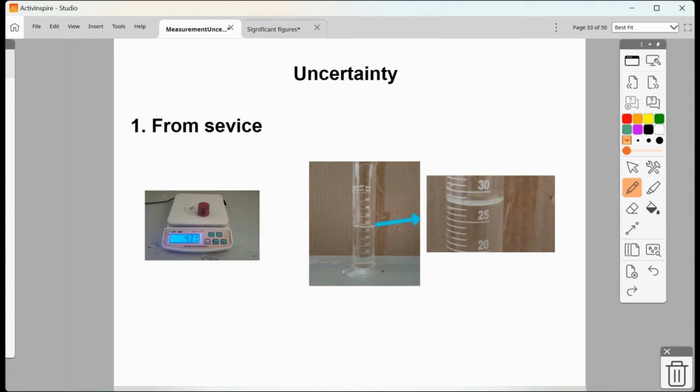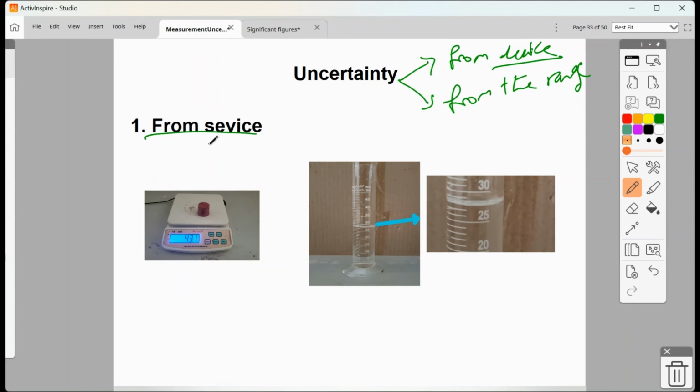Okay, now we move to uncertainty. Uncertainty can be found in two ways: from the device or from the range. We will see each one. So let's see from the device first. How do we find the uncertainty from the device?